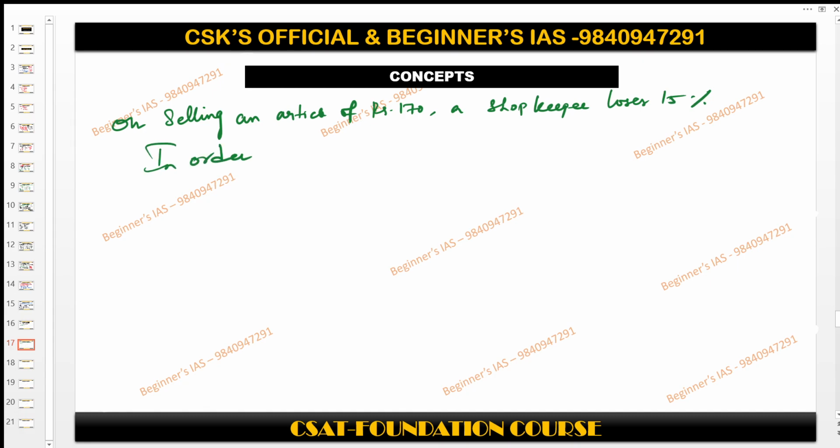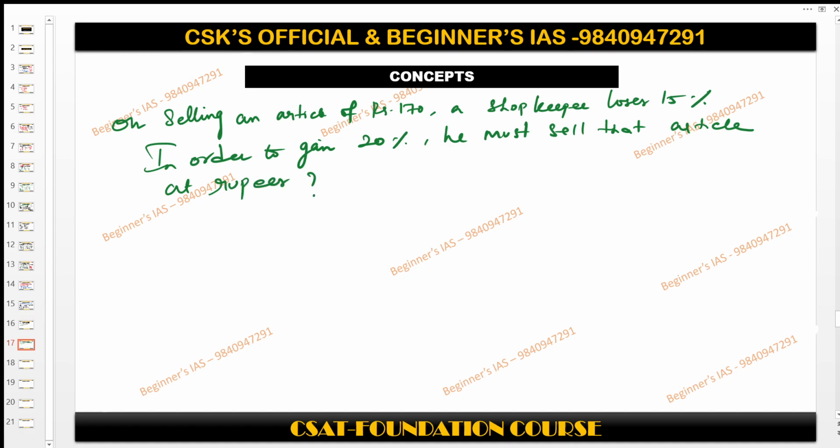Now in order to gain 20 percentage, he must sell that article for rupees what?